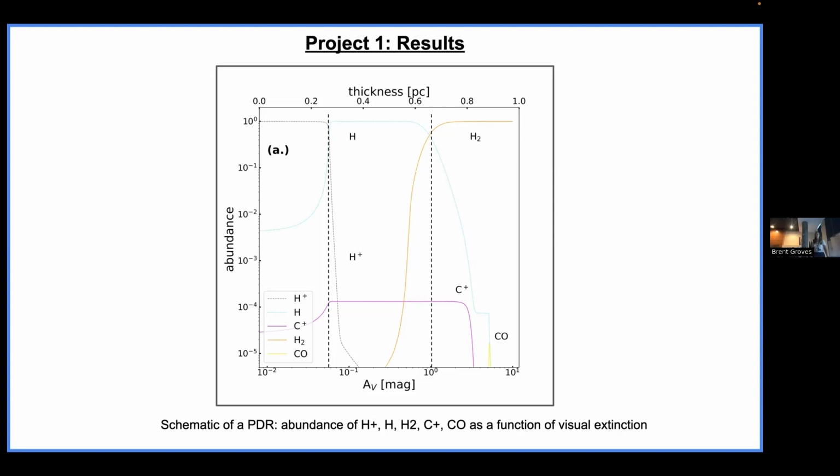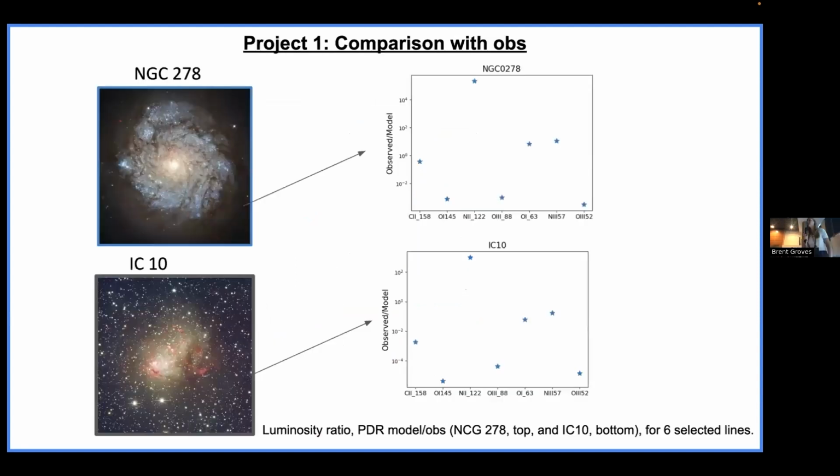To actually learn something from these results, we compared 2 observations of these 2 starburst galaxies. In the graph, you can see the observed flux that we converted to luminosity, divided by the luminosity that we got out of Cloudy.